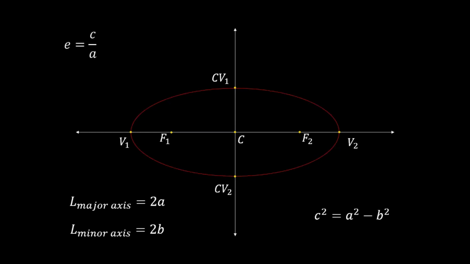Here, ang eccentricity po ng ellipse is between 0 and 1. So once the eccentricity is, for example, 0.5, that is an ellipse. If the eccentricity is something like 0.9, that is an ellipse, as long as nasa between siya ng 0 and 1.